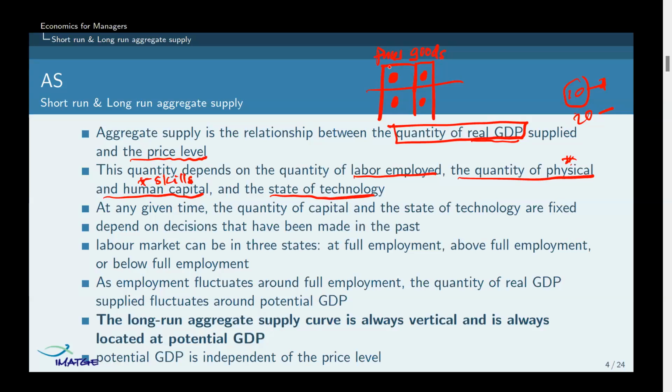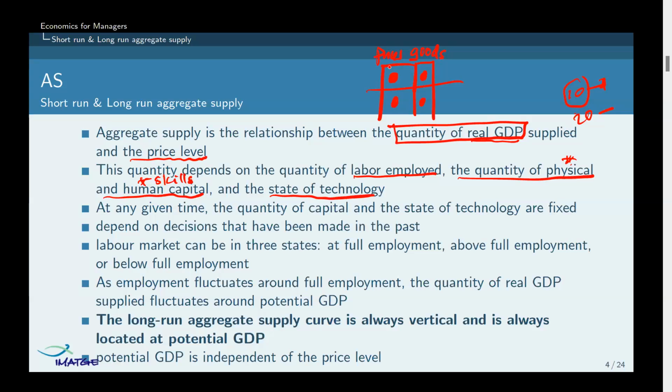Remember, when you are investing in human capital, it's not something that you can change in the short run, because the human capital that we will experience today as a company is a result of the investments that have been made 3 years or 5 years ago, right? So that's why we say in this current year, we are going to have a certain level of human capital or a certain level of human skills, which might be difficult to change within a very short period of time.